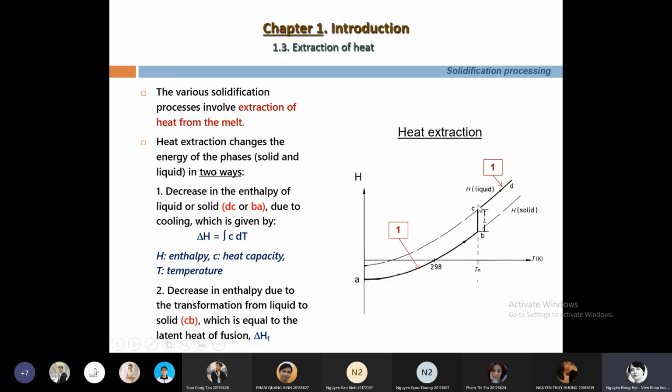It is the interval CB, and it is equal to the latent heat L. This is the way the energy changes during solidification: decreasing the enthalpy by cooling, or, as the second way, by the transformation from one state to another.